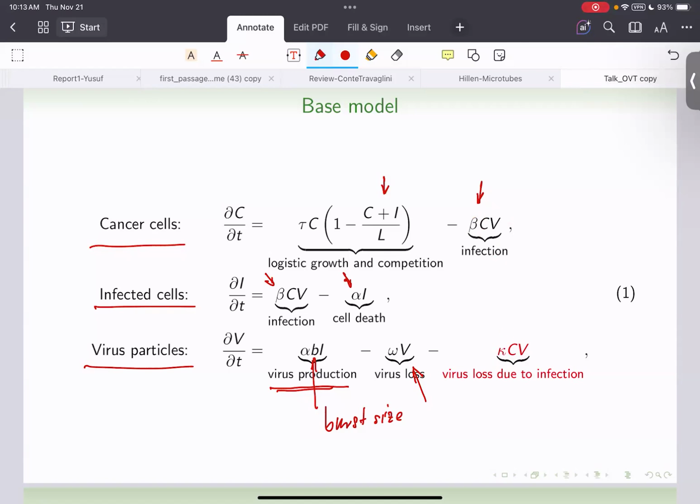And there is a discussion. Some people say this term is very important, and other people, like myself, say this term is not relevant at all. Virus particles are in the order of 10 to the 9. These are unbelievably huge numbers. If, let's say, 1 or maybe 10 virus particles bind to a cell, you can neglect this term.